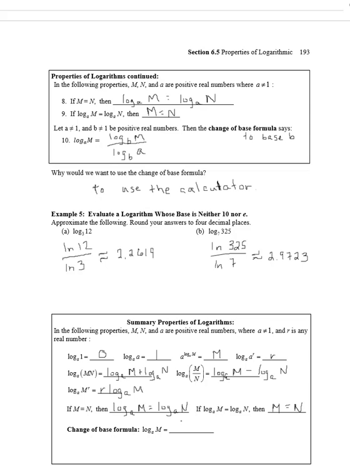And the change of base formula says the log with the new base of the argument over the log with the new base of the old base in the denominator. That is the end of 6.5.